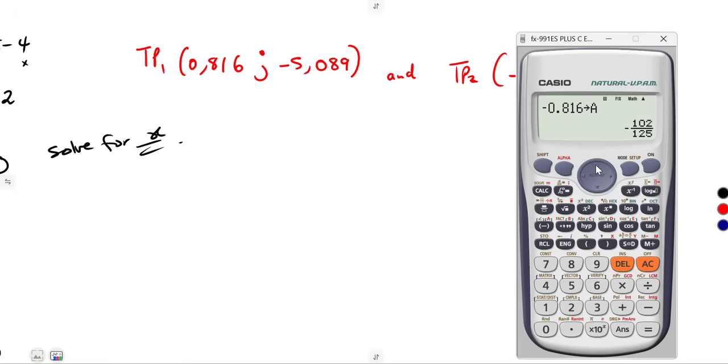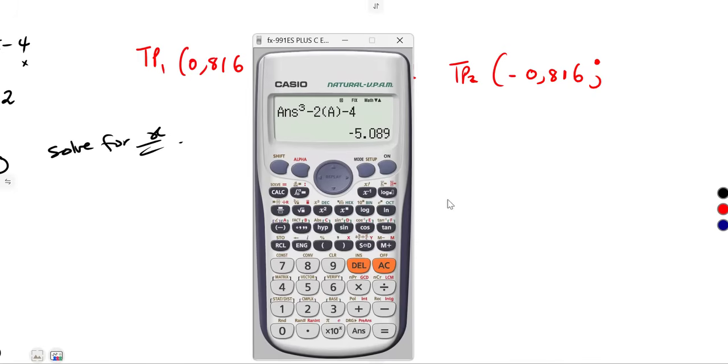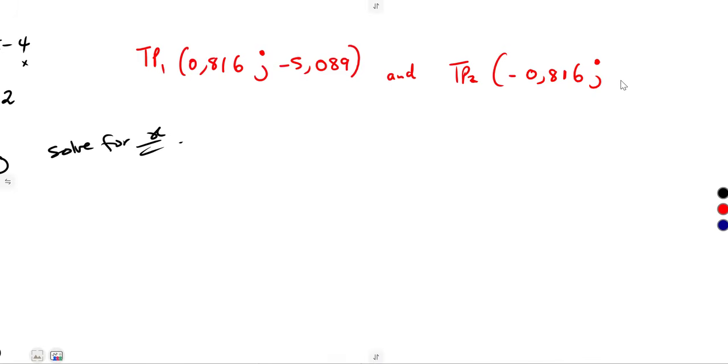I can press this arrow button so that I have my previous expression. As you can see, this was our previous expression where our answer was being stored in a. Since we have stored another value in a, it is going to give us the answer for the value that we just stored, which is this one. So that was going to give us negative 2.911.